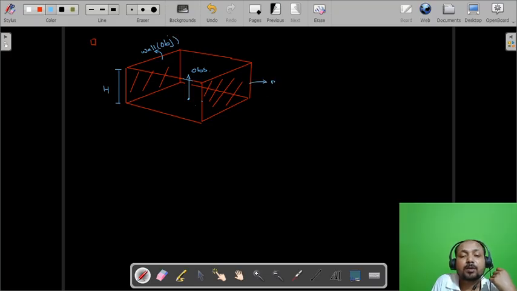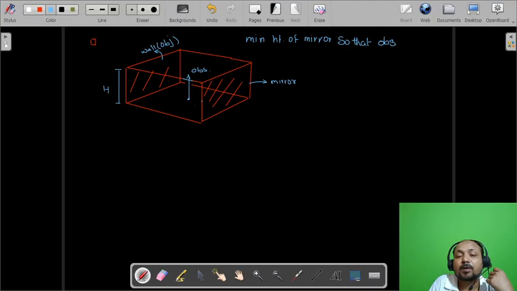Okay, so the question is: minimum height of mirror so that the observer can see the full image of the wall.